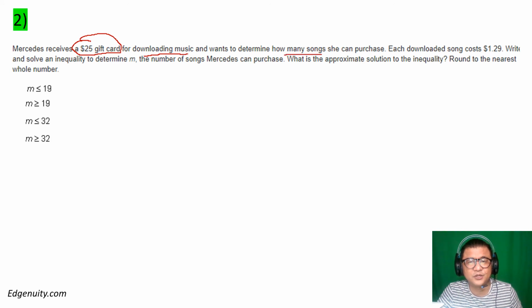Next, Mercedes receives a $25 gift card for downloading music. And how many songs can she purchase? Each download costs 1.29. We did something similar to this. 1.29 M, for music, should be less than or equal to 25. All right?